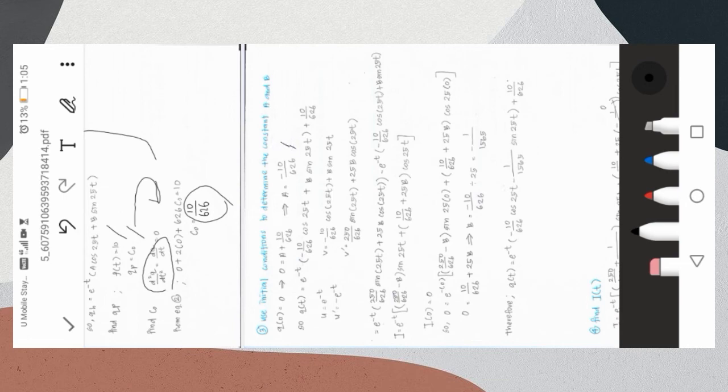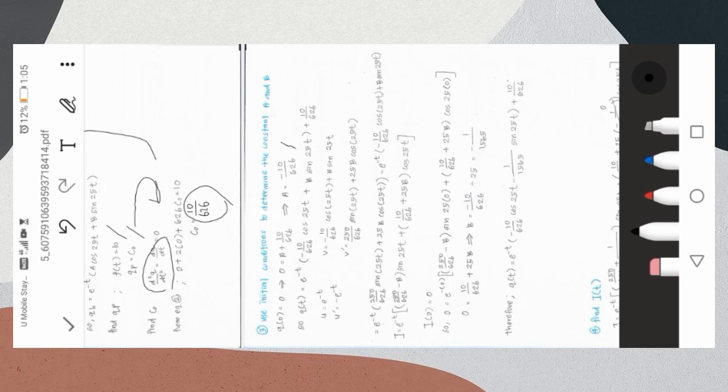So q(t) will become e to the power of negative t, open bracket, negative 10 over 626 cos 25t plus b sin 25t, close bracket, plus 10 over 626.